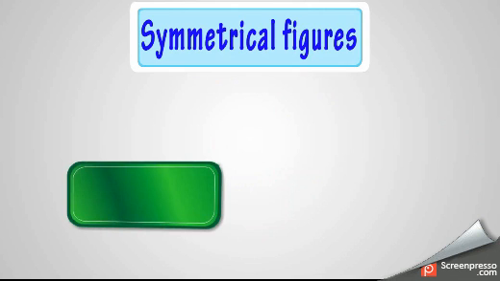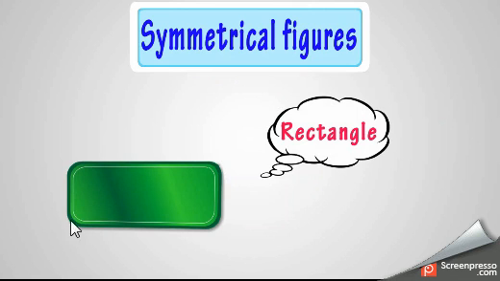Now, what's the shape? The shape is a rectangle. When I fold this rectangle, what can I see? When I fold by a diagonal, what can I see? Now we will see.